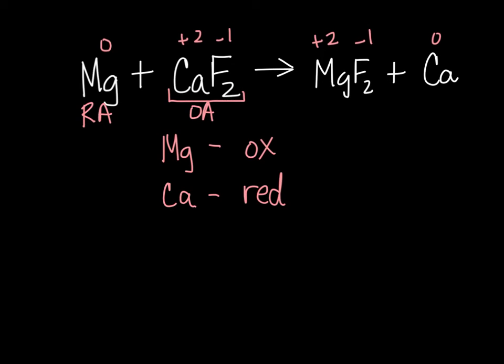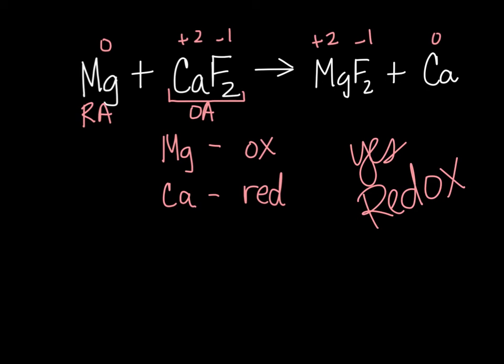All right, so those are things that you have to be able to identify in a chemical reaction. You have to identify if it is redox or not. So this one is yes, it is redox, because we have one oxidation and one reduction. You have to have one of each, once again, in order to be classified as redox. Also, what type of reaction is this?